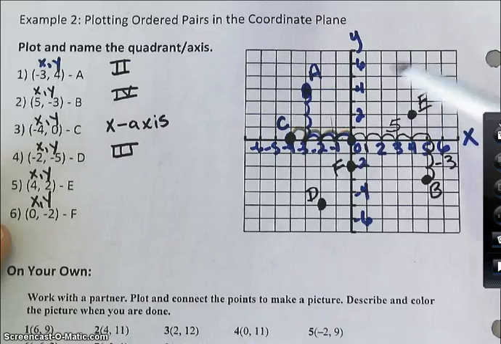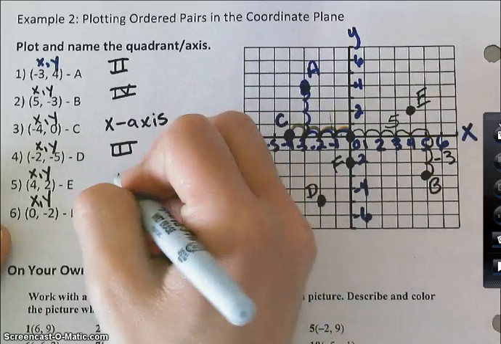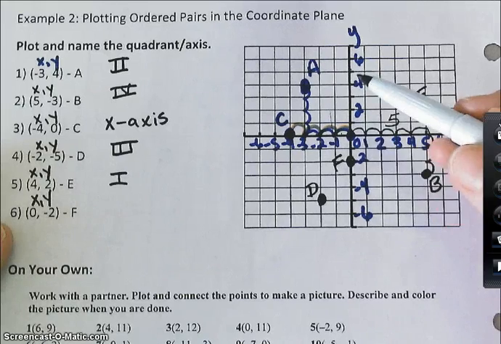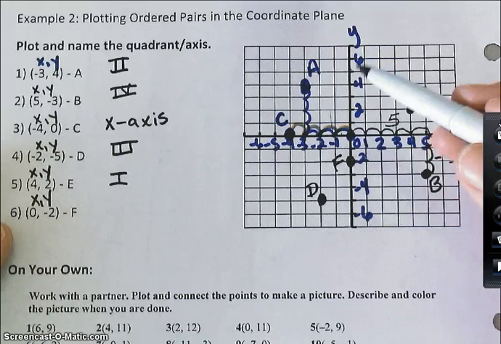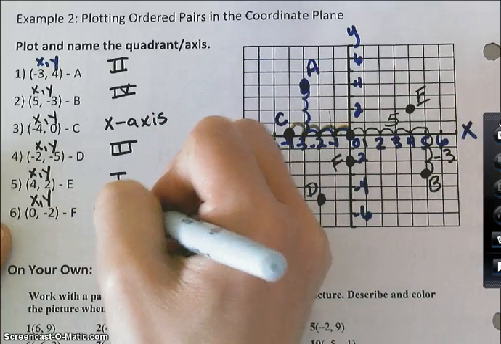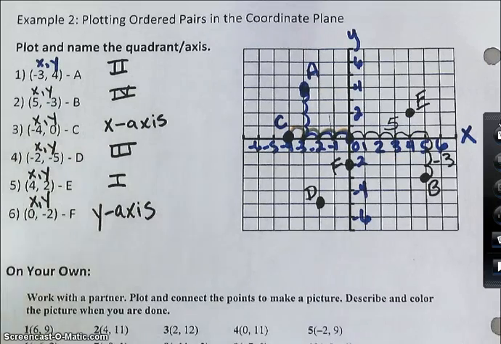And E, well, he's in the one we're familiar with, so he's in that 1st quadrant. And then F, he is on the y-axis, because he didn't have to move left or right, so he is on the y-axis.